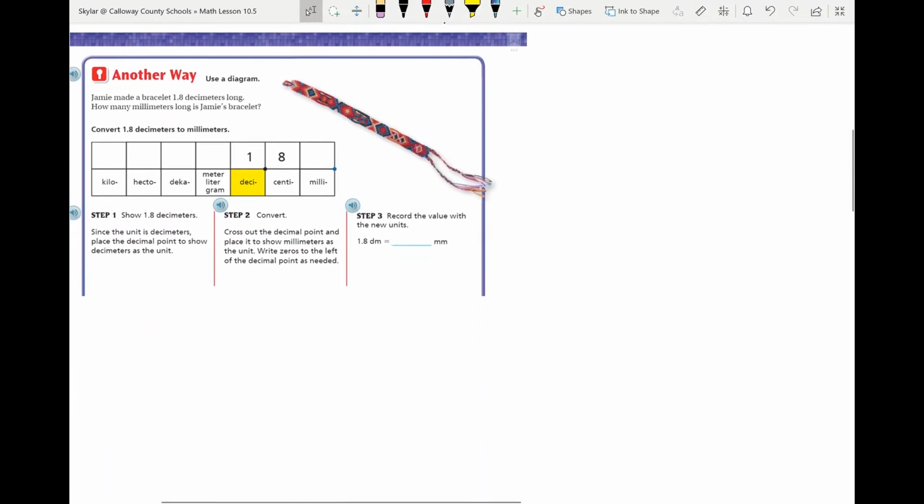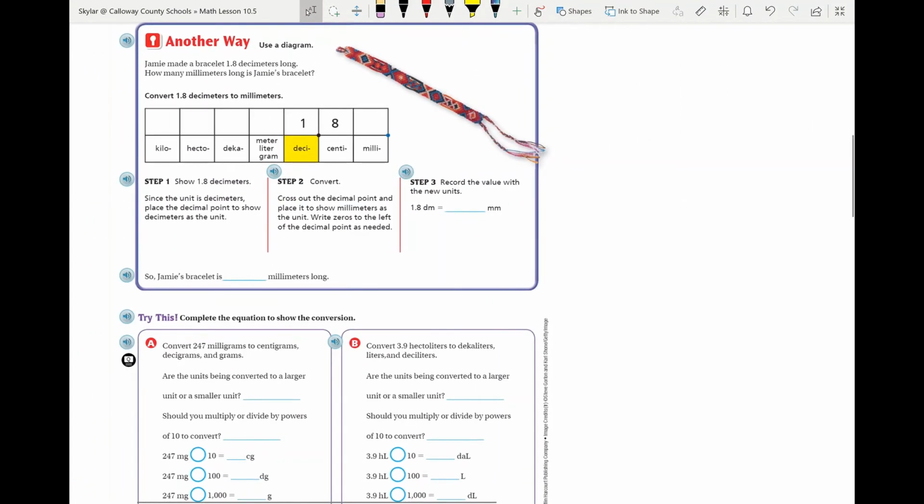So let me show you on a different one. Jamie made a bracelet that is 1.8 decimeters long. How many millimeters long is Jamie's bracelet? So we'll write out King Henry demanded more dark chocolate milk. We're starting with 1.8 decimeters.